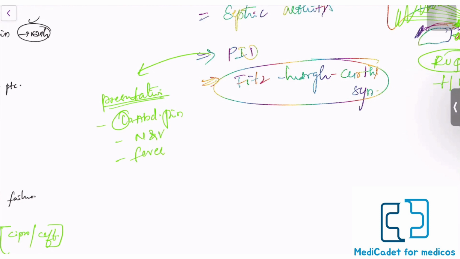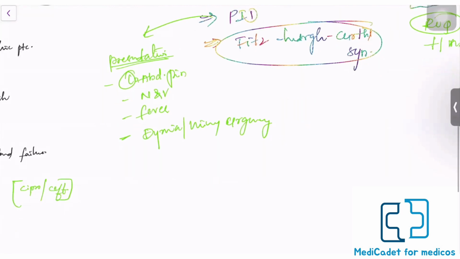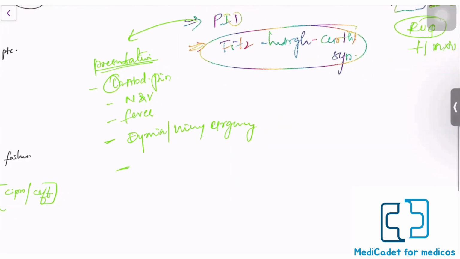Generally in pelvic inflammatory disease, the parts affected would be the uterus, fallopian tubes, ovaries, and the surrounding tissue. Since these are affected, it will cause dysuria or urinary urgency, because it can even spread to the bladder wall, or it can obstruct the bladder wall. Then it can cause pain during sex, dyspareunia, and also vaginal discharge.